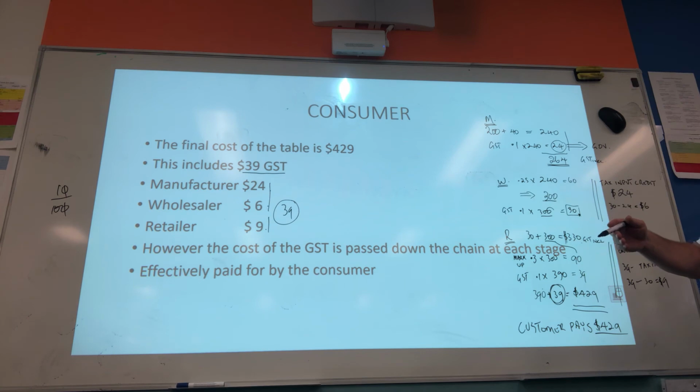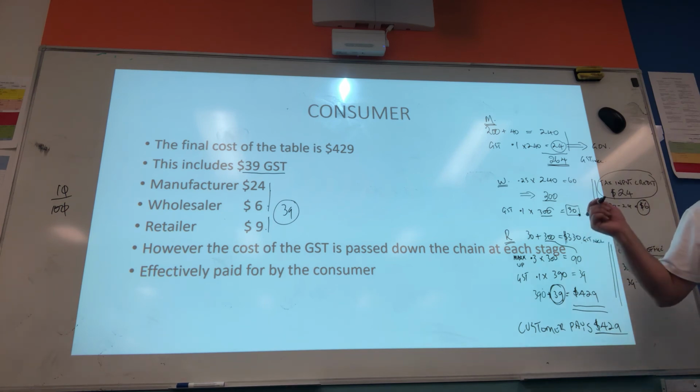So as soon as you see a question like this, you just go through all these steps. You need to know what the tax input credit is and how much the wholesaler pays, and what the tax input credit is for the retailer and how much the retailer pays. Now remember, in the test, one of these steps will be missing because I don't need you to do it time and time again. Is that okay?